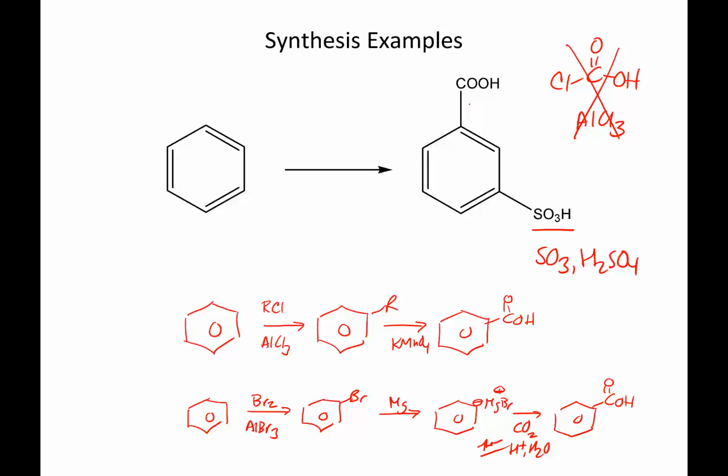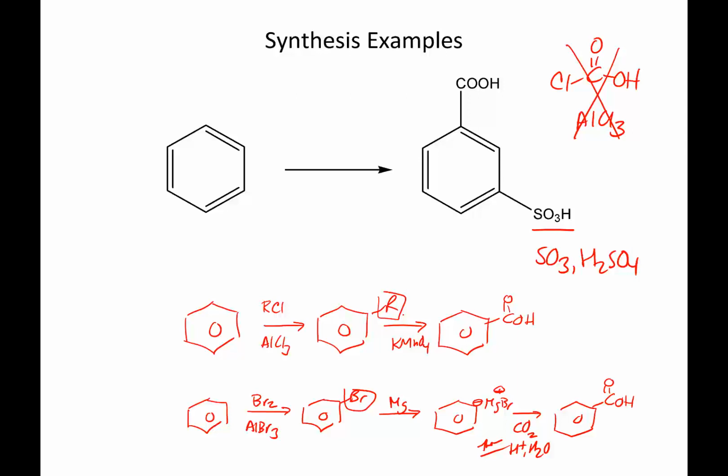In these 2 syntheses, the R group is an ortho-para director, as is the bromine. So if I need the 2 groups para to each other, I could add the SO3H group to the alkyl benzene and then oxidize the alkyl group to a carboxylic acid.